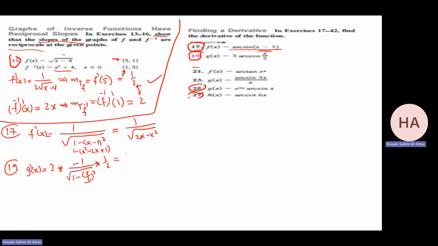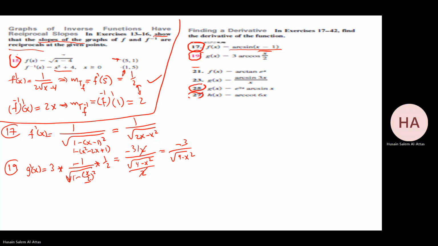So that will be minus 3 over 2 over square root of 4 minus x squared over 4. So it's over 2. So I have minus 3 over square root of 4 minus x squared. These two cancelled. Okay.